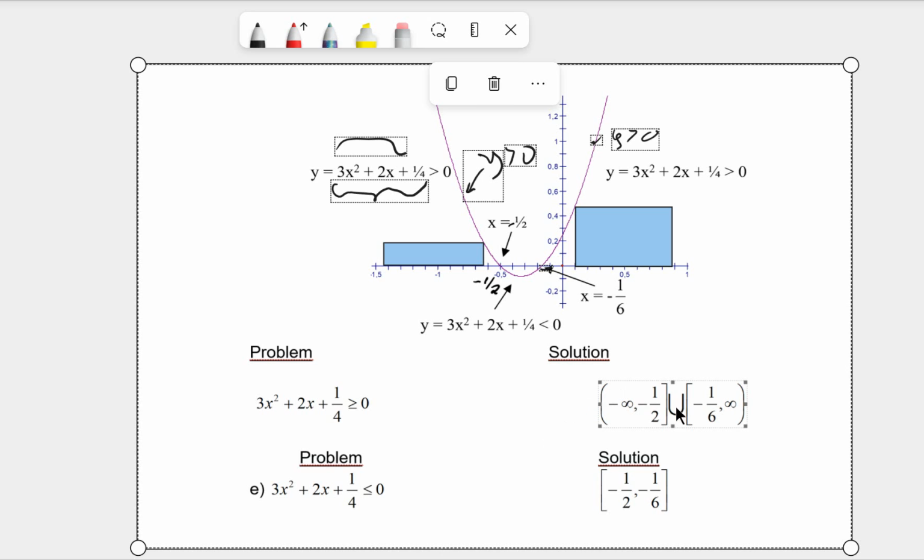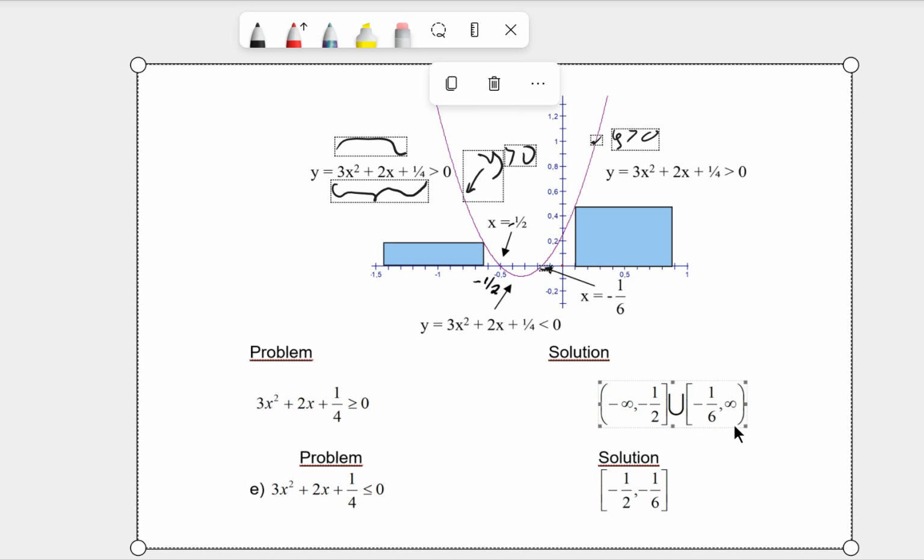The same happens to the right. You have to include minus 1/6. This union is the answer to the problem for greater than or equal to.